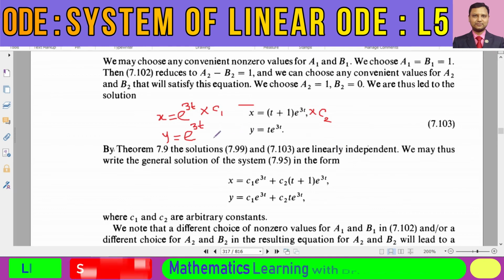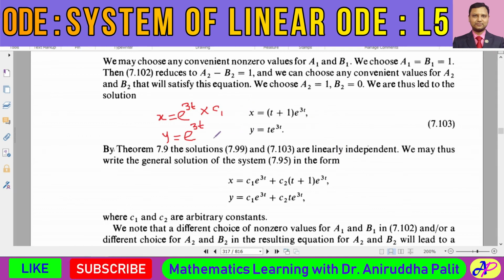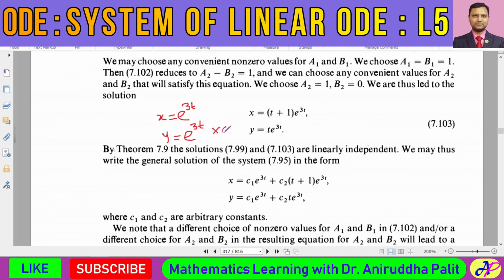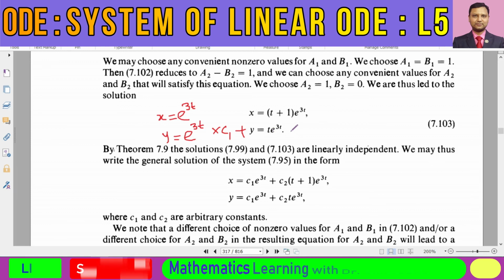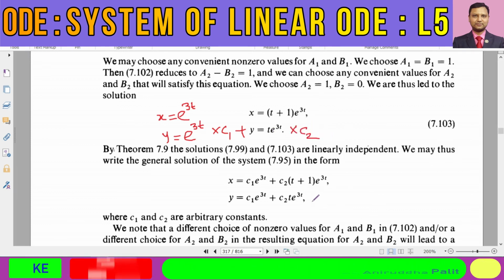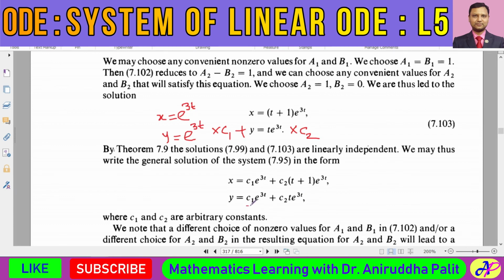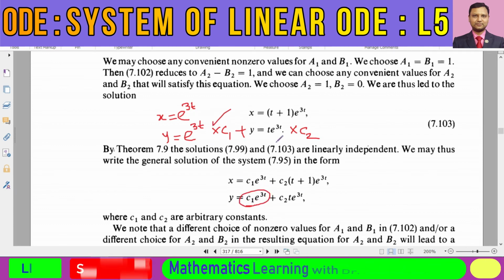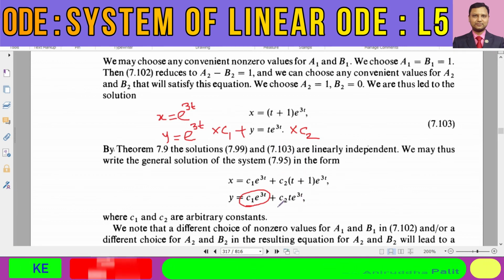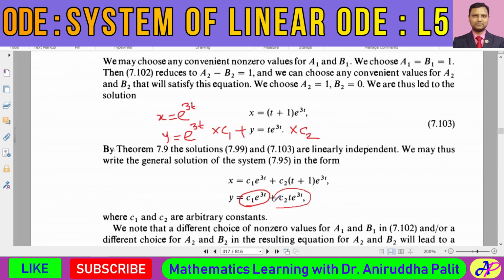Now similarly we can compute the general solution of y. This should be multiplied by c1, and this expression t into e to the power of 3t should be multiplied by c2. So we get the general solution c1 into e to the power of 3t, that comes from the first solution, plus c2 into t into e to the power of 3t, that comes from the second solution.